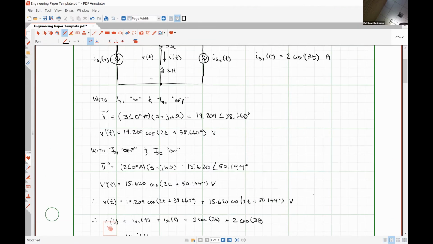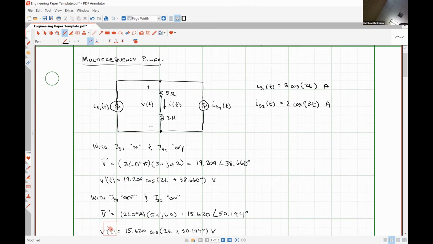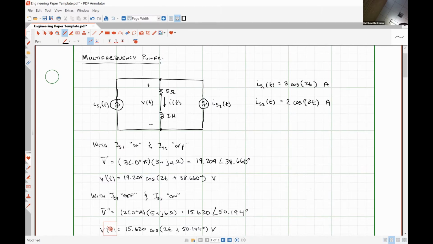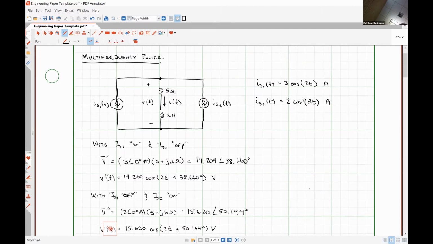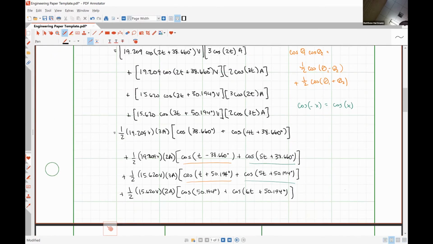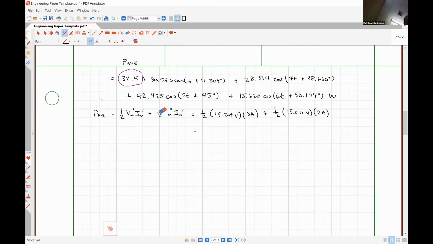So when IS1 is on, well, okay, I think I needed to multiply by cosine of, all right. This is what happens when I don't prepare.